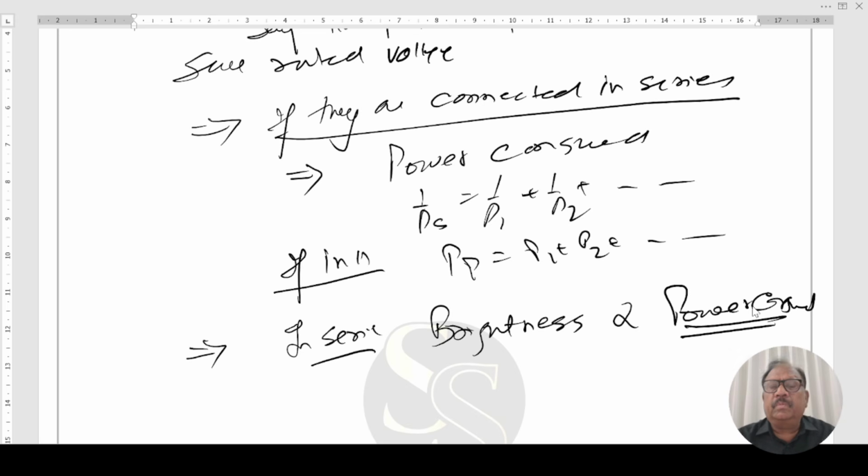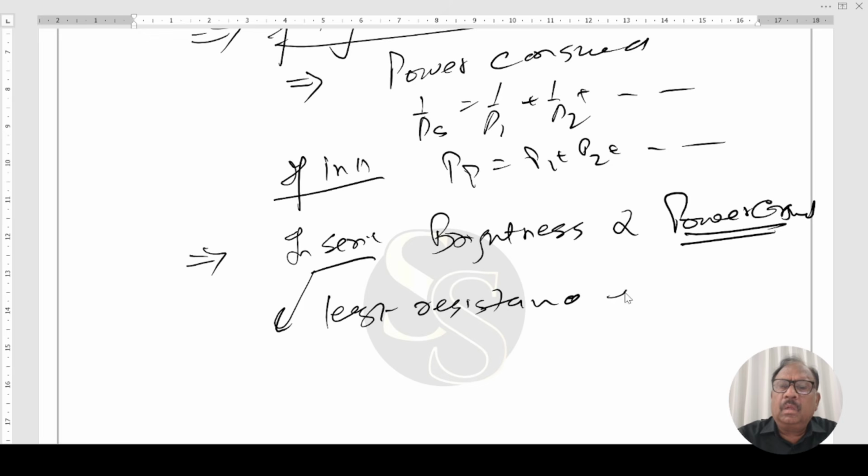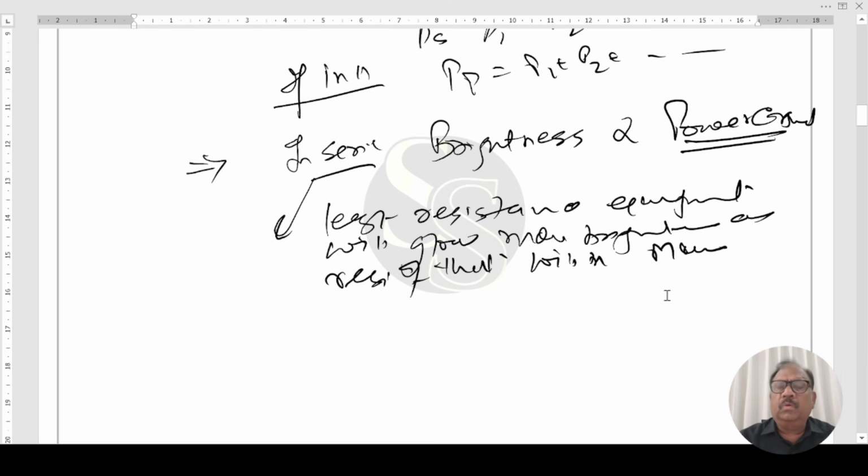So in series, the equipment with least resistance will glow less brightly, as the resistance of that will be less, and the one with more resistance will glow more brightly.